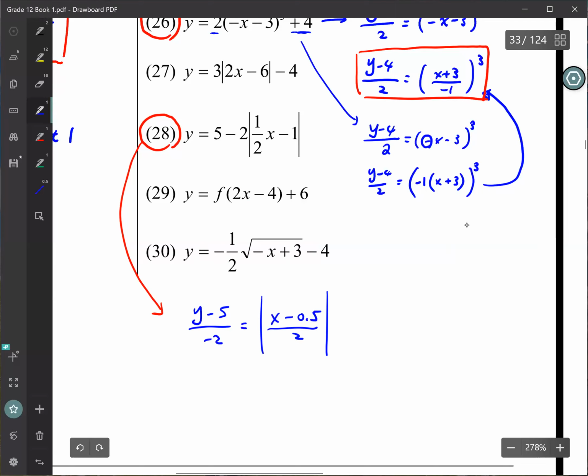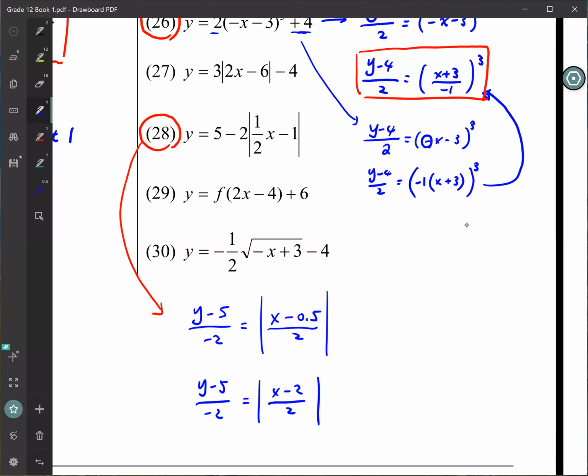I got y minus 5 over negative 2 equals absolute value x minus 2 over 2. Okay, thank you. Kelly, what about you? Same as Eric. Okay, Judy? Yeah, same with the second one.